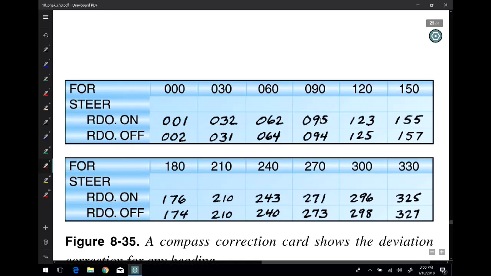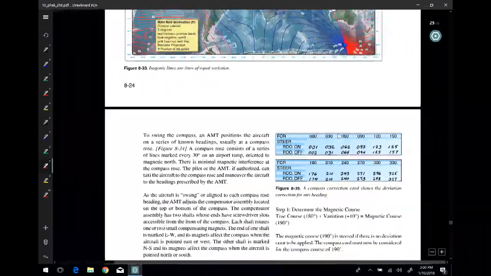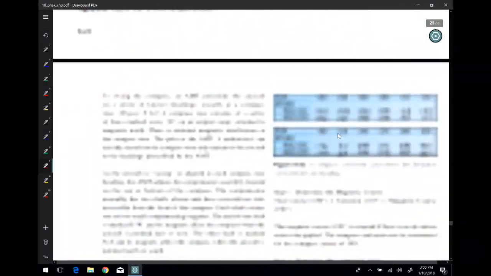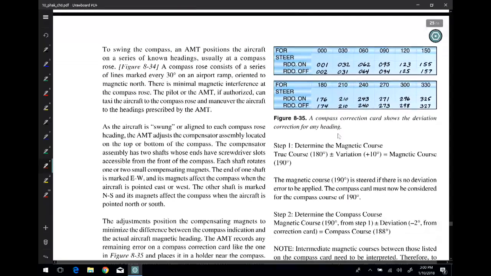Well, if your radio is on, you're actually going to want to put your compass on 095 to actually fly 090. So you're going to add 5 degrees to your magnetic heading above and beyond your magnetic course. You're going to learn how to do this when we get to the navigation section of this course. So that is magnetic deviation, and that happens in the cockpit.